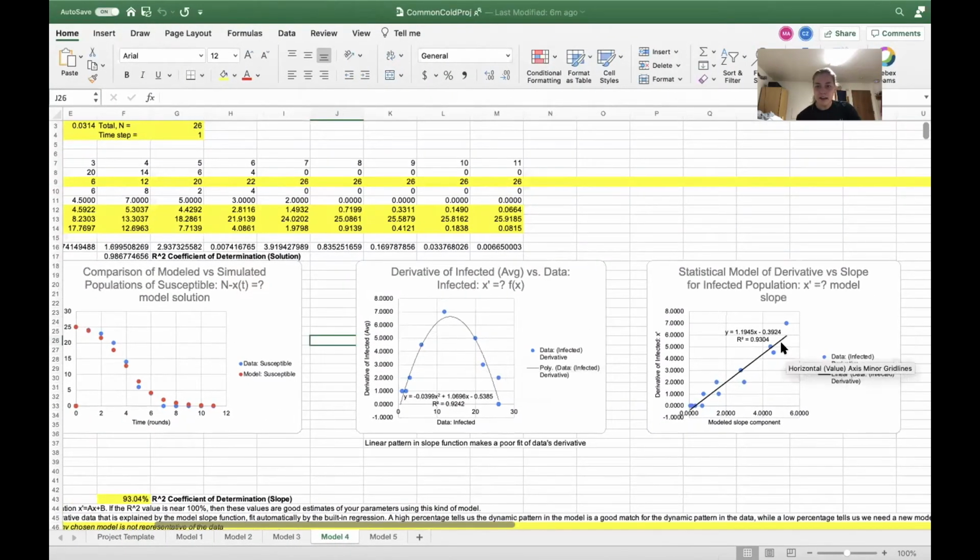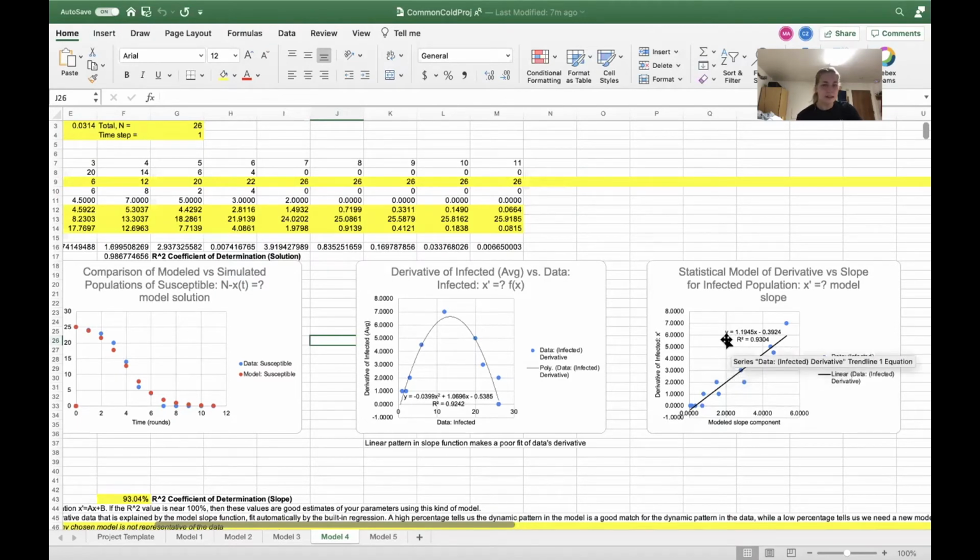And when you look at the statistical model of derivative versus slope for the infected population, you can see that there's a linear trend here with an r squared value of 0.9304, which means that the data's derivative and the model's derivative agreed pretty well. If the model had been perfect, then this line would have been y equals x.